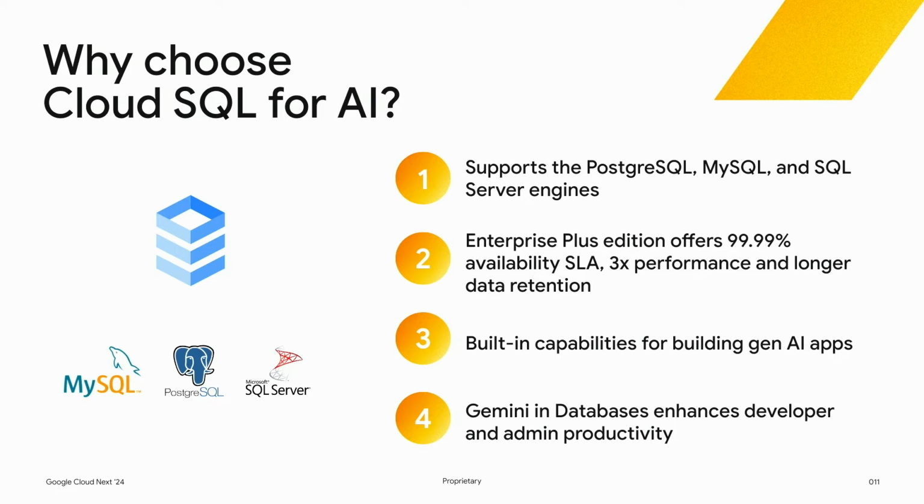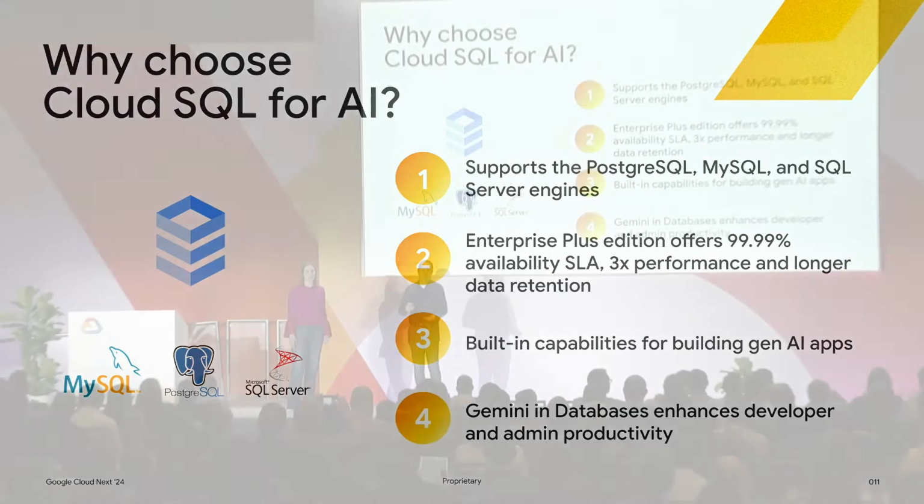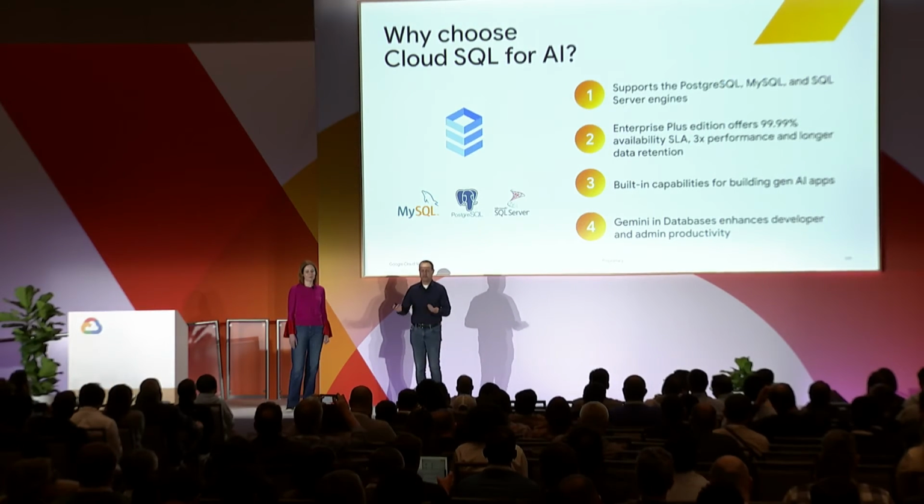And it also supports Gemini in databases, which just got announced yesterday. So that is a whole series of things that can help you be more productive using Gemini in databases. So it helps you to generate SQL statements. It helps you to monitor your databases and see which of them need attention. All of that using natural language, and that's built right into the product.